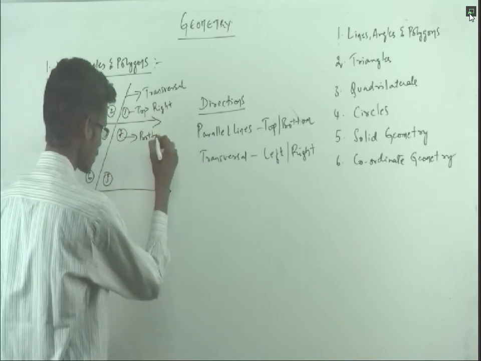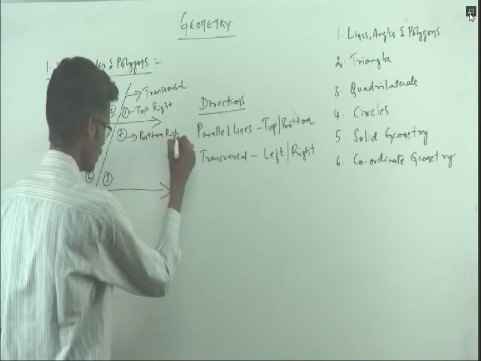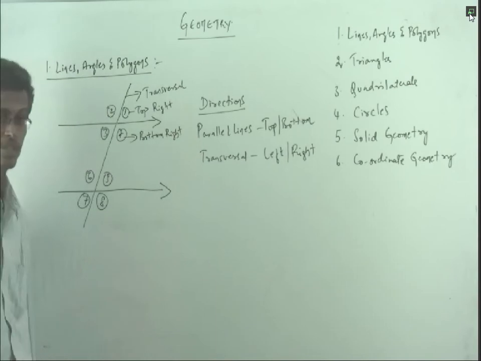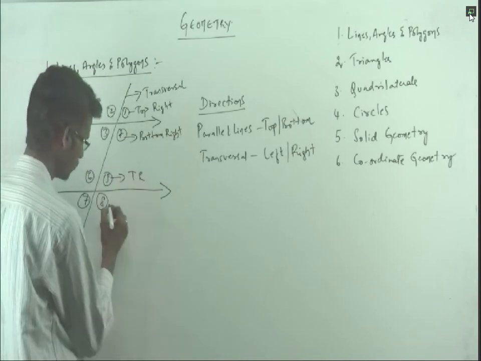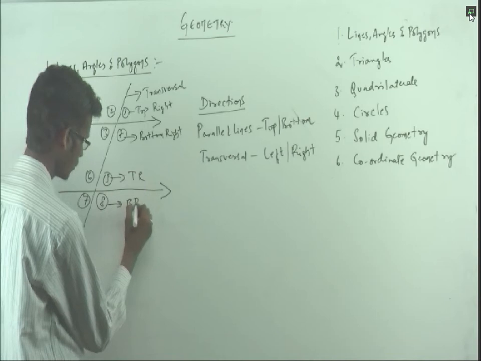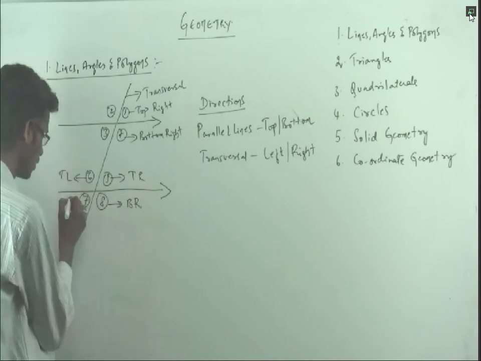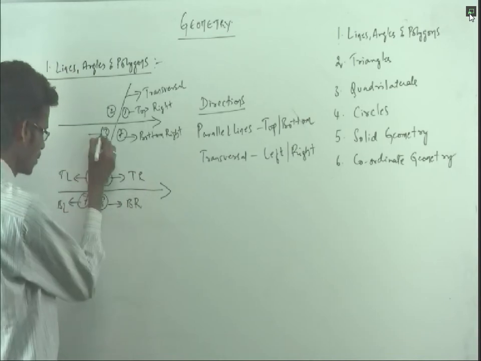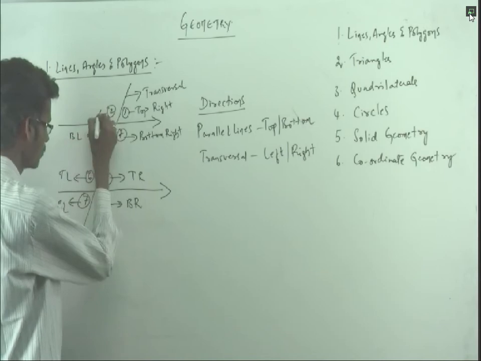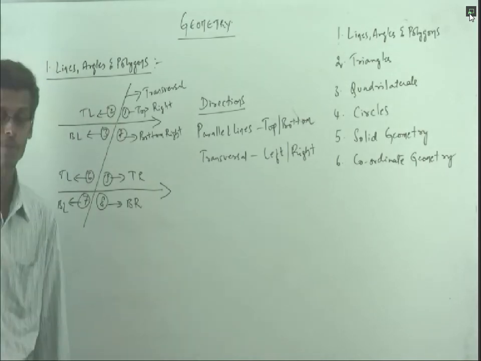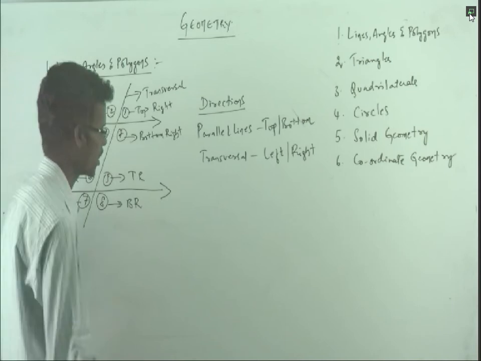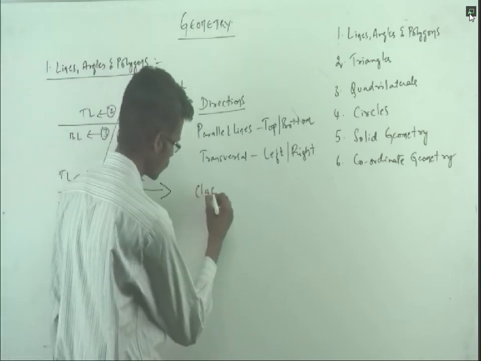So its position is bottom right. Similarly, let us figure out the positions of all the angles. This is again top right. This is bottom right. This is top left, bottom left, bottom left, top left. After deciding the positions of all the 8 angles in this fashion, now we proceed with classification of angles.